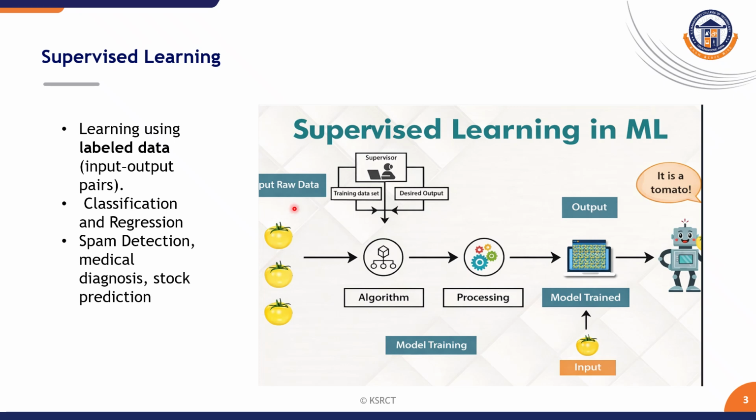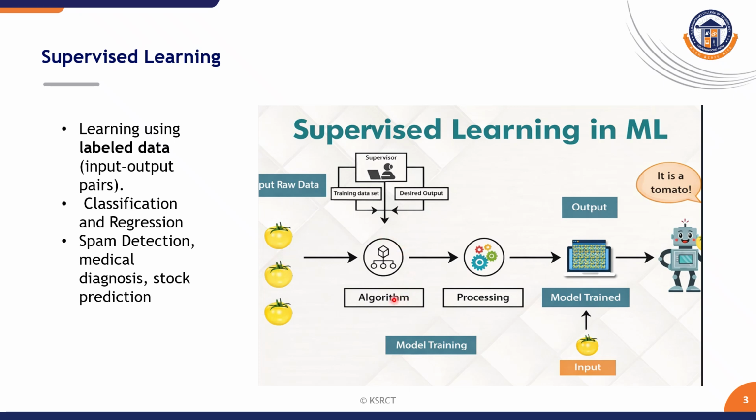So we give the data: if it is somewhat round, yellow or red or green, with some green leaves on the top, it is a tomato. If it is a green chili, it will be somewhat lengthier than a tomato. If it is lengthier, it is identified as a green chili. It can also come in various colors like green, yellow or red. So we are labeling our input data in supervised learning.